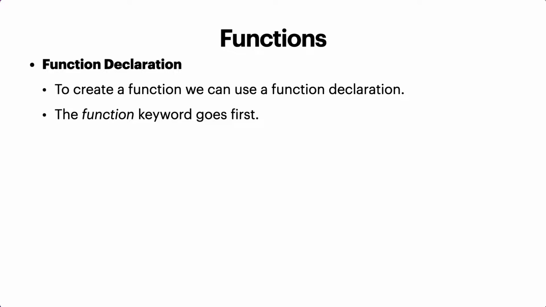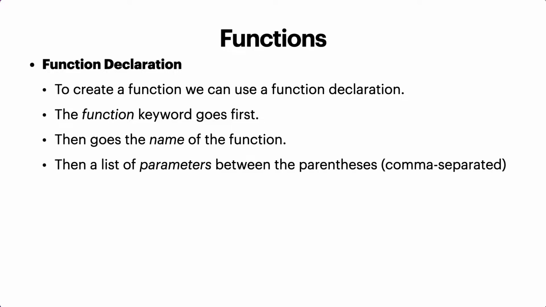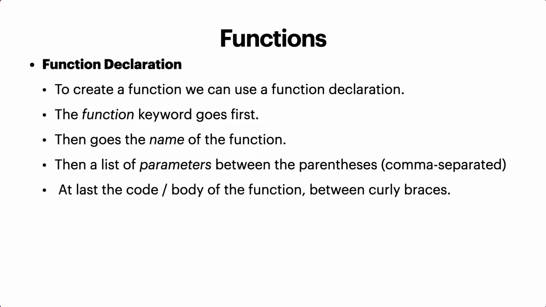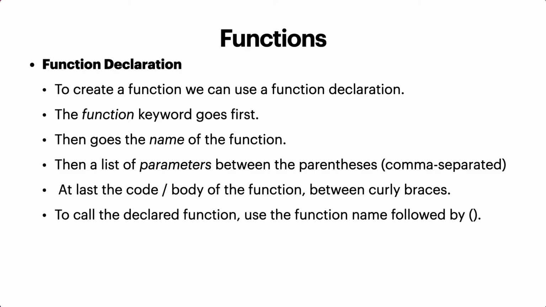The function keyword goes first, then goes the name of the function, then a list of the parameters between the parentheses, comma separated. At last, the code body of the function between the curly braces. To call the declared function, use the function name followed by the parentheses.